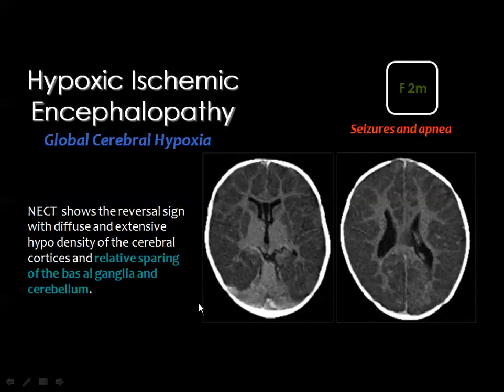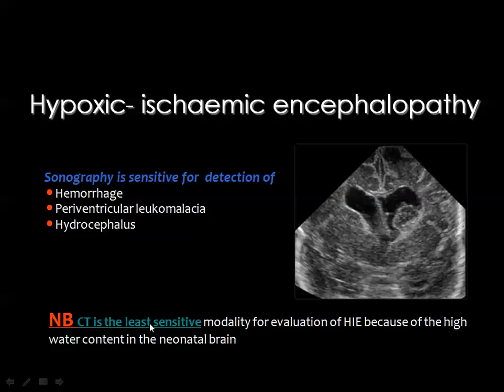Then global cerebral ischemia will appear like this on the CT images. There is diffuse hypodensity affecting the cortex and the white matter, and there may be some sparing of the basal ganglia, and sometimes you see that the cerebellum is also spared.